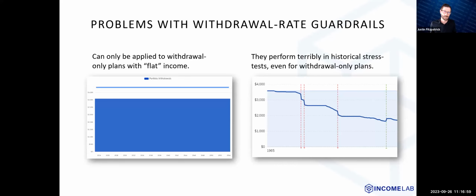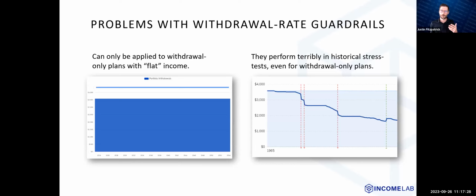It's pretty rare to have someone only have portfolio withdrawals. But even for those plans that do, for example, someone who has already started Social Security, has a portfolio, and that's it, there's a second problem, which is that when withdrawal rate guardrail systems are tested through tough times, at least the most commonly used ones, the ones that we've tested, perform really poorly.